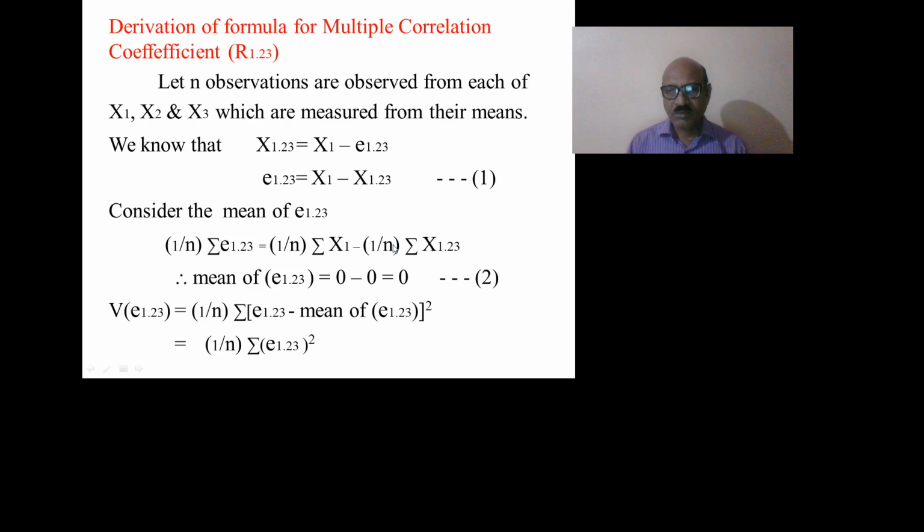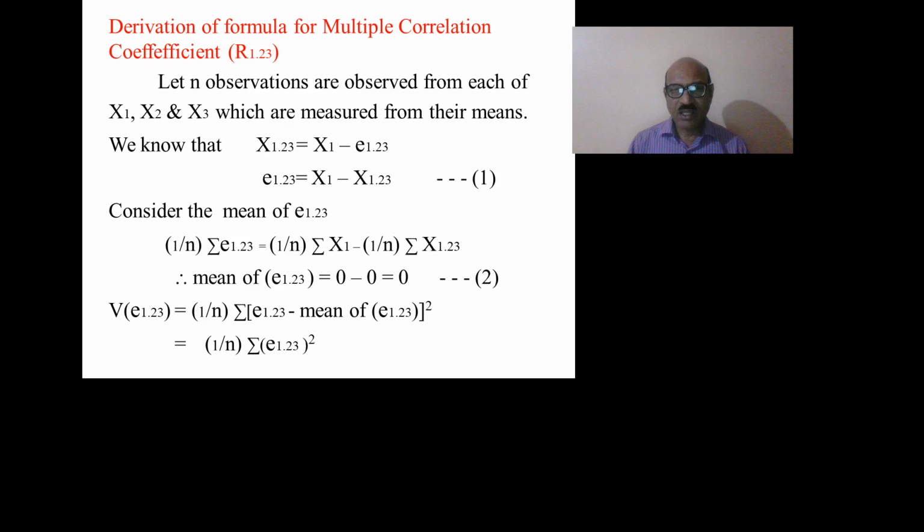But already we have proved that summation of x1 by n, that means x1 bar, the mean of the first variable, is 0. Similarly, the mean of the residual, that is summation of x1.23 divided by n, gives x1.23 bar, and that is also proved 0. Therefore the mean of E1.23 is equal to 0. That is your second expression.